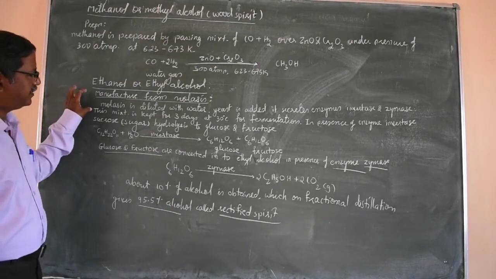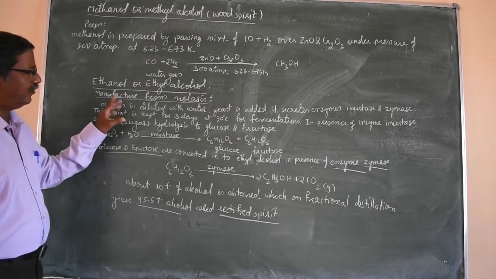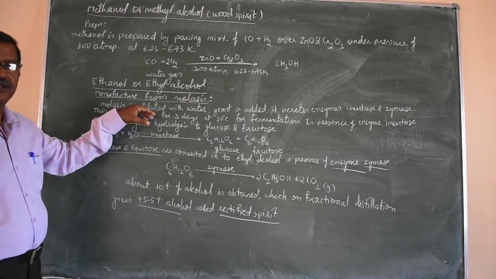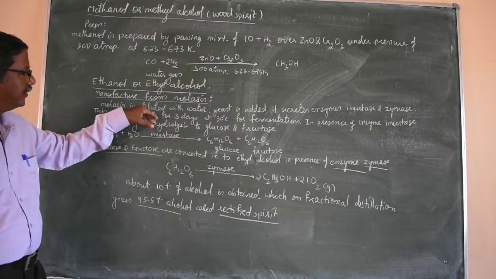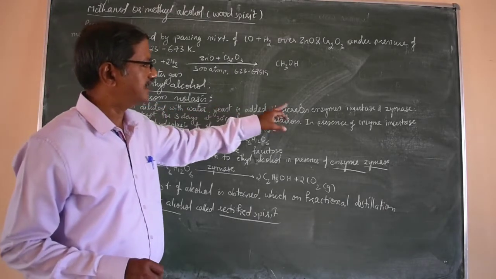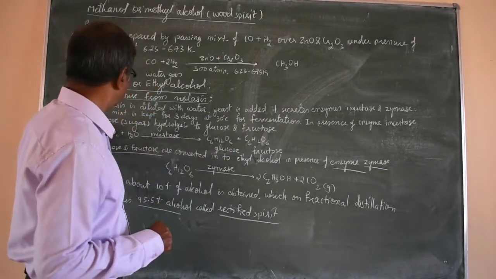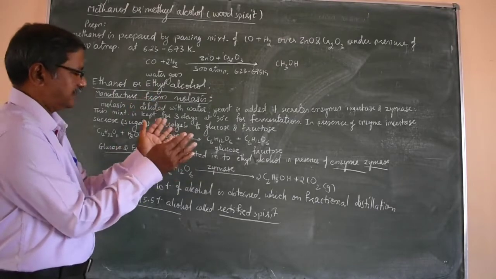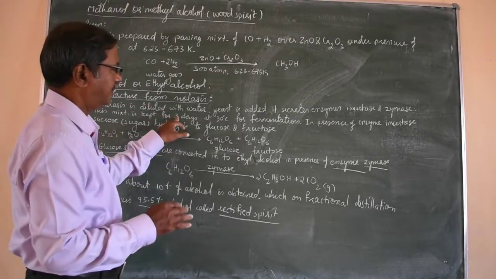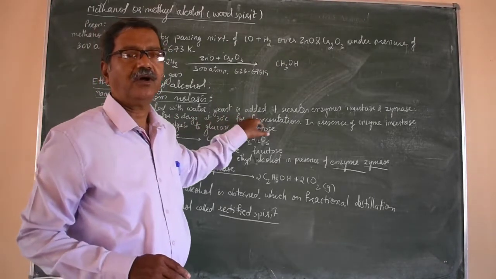Well, in the manufacture of ethyl alcohol, molasses contains about 50% of sucrose. It is non-crystallizable. It is diluted with water. Yeast is added. It secretes enzymes, invertase and zymase. This total mixture, that is molasses and yeast, is kept for 3 days at about 30 degrees Celsius for fermentation.